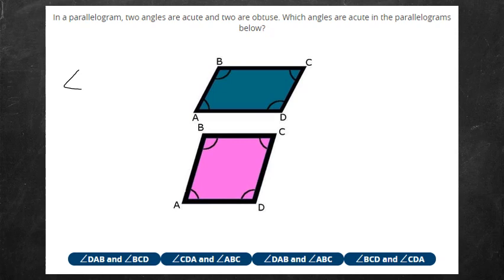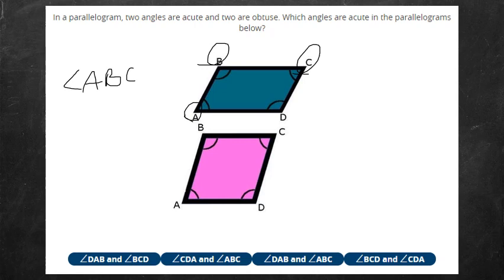It's angle, all right? And an angle is defined by the points that you can see. So for example, if we wanted to look at the first parallelogram and find angle ABC, we would look at ABC, and then we would label it as angle ABC. Okay? So that's how you identify your angles.